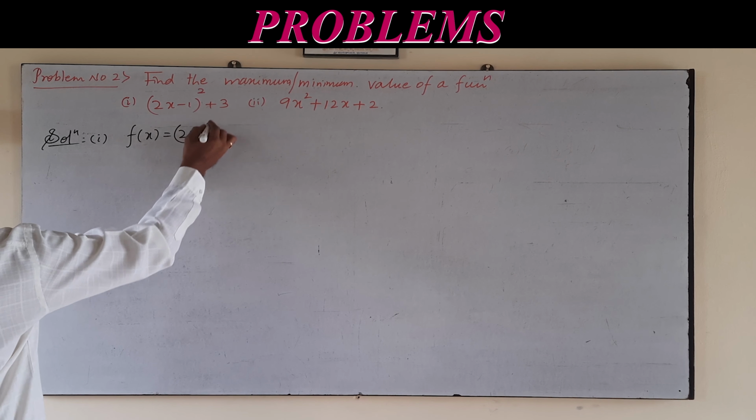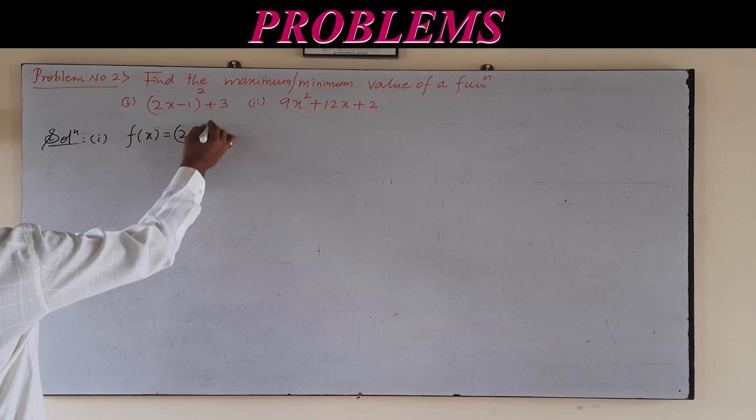Step number 1: solve f dash x, differentiate. Take capital X using the composite function. Put 2x minus 1 equal to capital X. It is in the form capital X square. You know that the derivative of capital X square is 2 into capital X into the derivative of capital X, that is 2x minus 1.